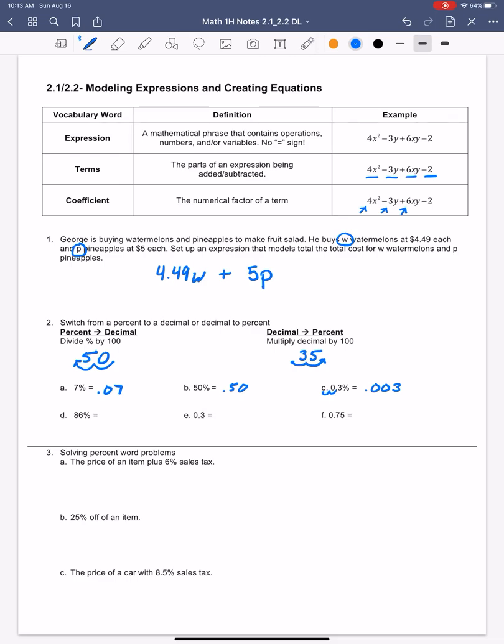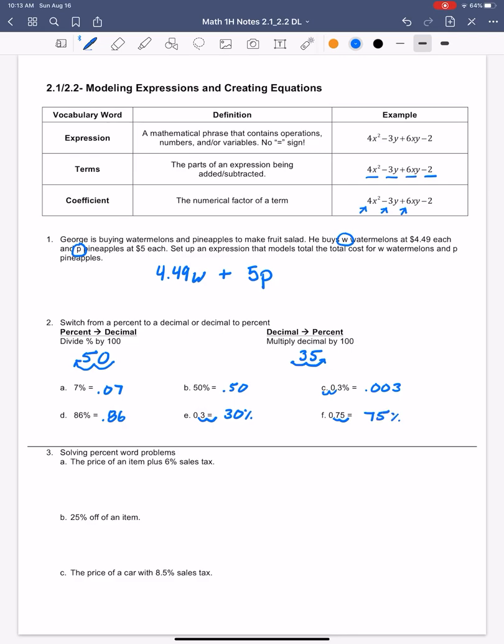And we'll keep going here. 86% as a decimal would be 0.86. Okay, 0.3 as a percentage. Well, now I'm going to go twice to the right, so that would be 30%. And 0.75 twice to the right would give me 75%.